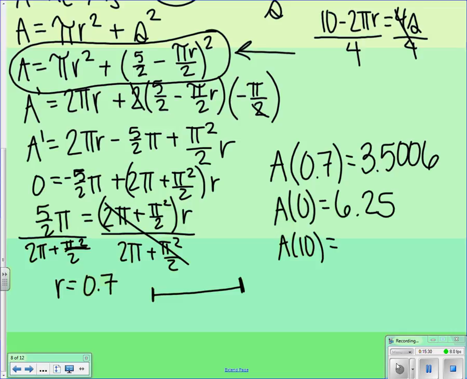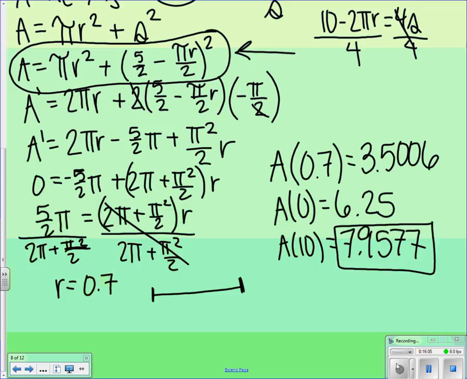And then if you let your R be a 10, you should get a 7.9577. Well, of those, the largest area is this last one.